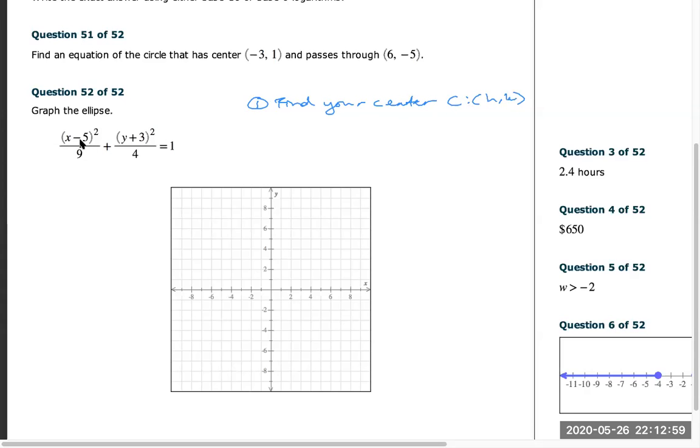So in this case, hopefully you're seeing that h is 5 and k is going to be -3, because you could write this as x minus 5 squared divided by 9 plus y minus -3 squared over 4 equals 1. So we found our center at (5, -3). Start at (0, 0), move over in the x direction to the right by 5, and then down by 3.